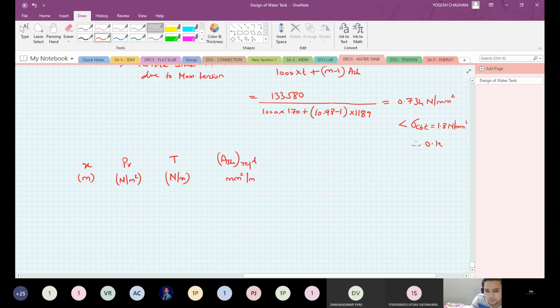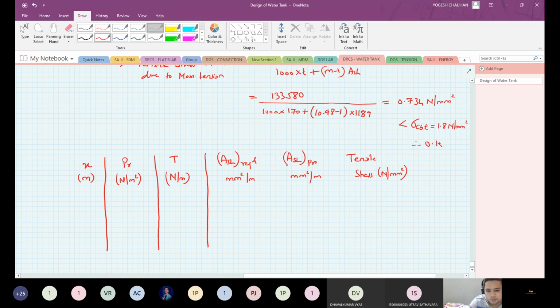Then you can also put ASH provided in mm square per meter height of the wall. And finally, you can also check tensile stresses in Newton per mm square. Okay, so this table you can make and summarize your design at different heights, because at different heights your radial pressure will be different.